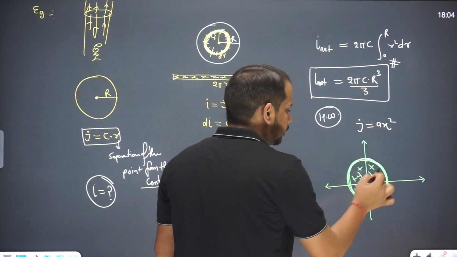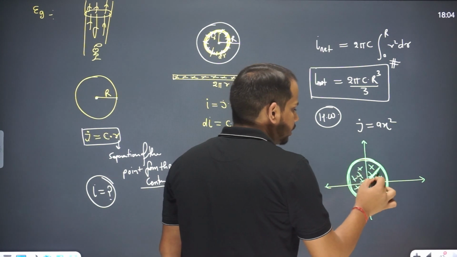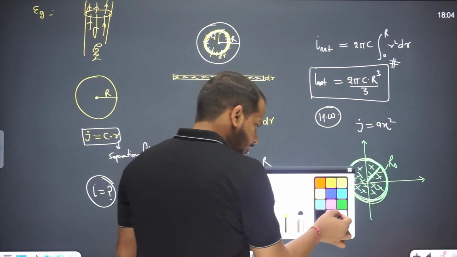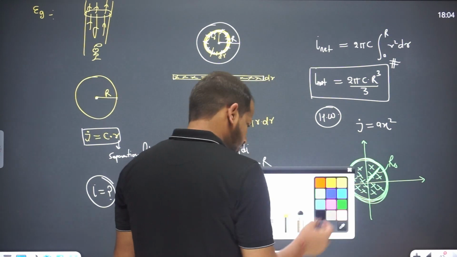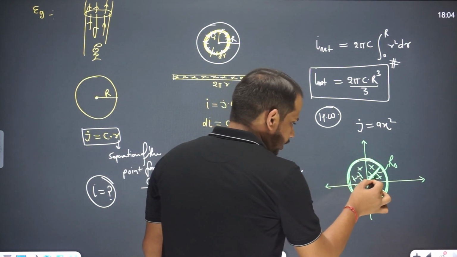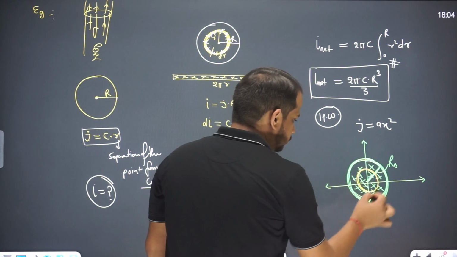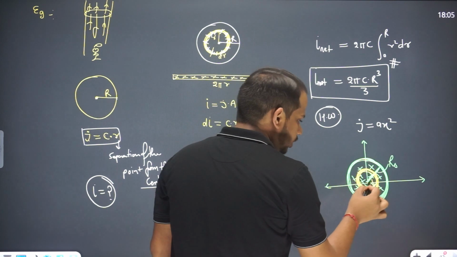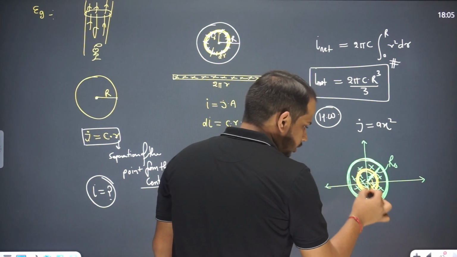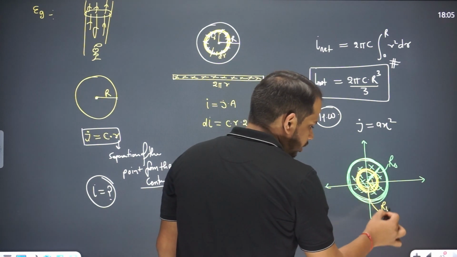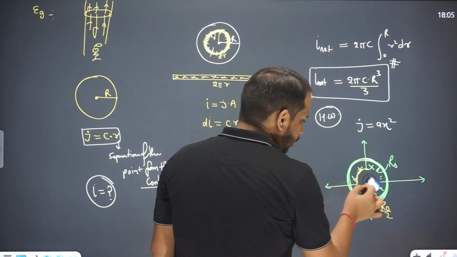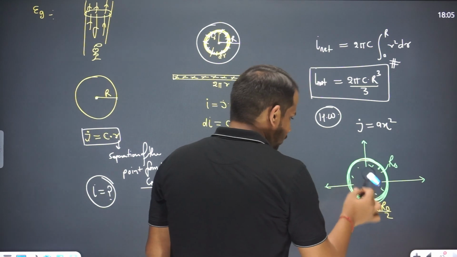And this is the current density. The radius of this one is R0, right? And there is another region in this. In this region, this is R0 here, and the inner radius is R0 by 2. I am just redrawing it.